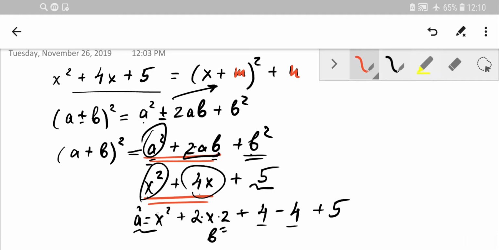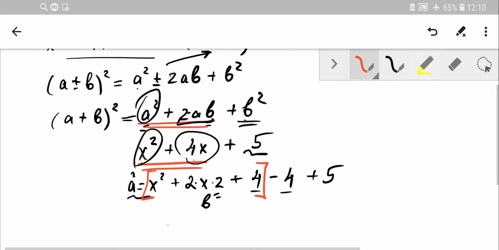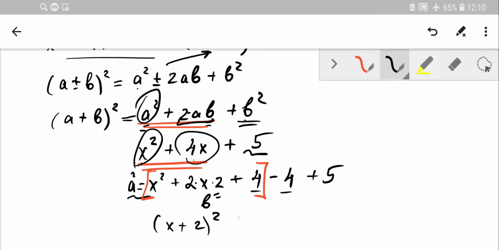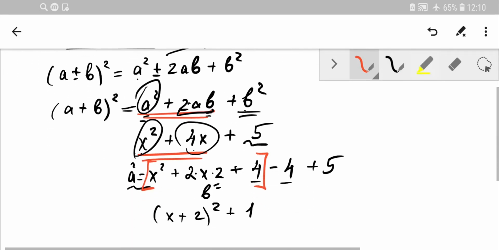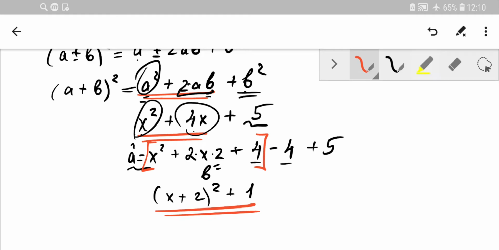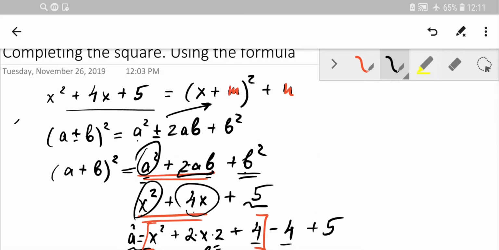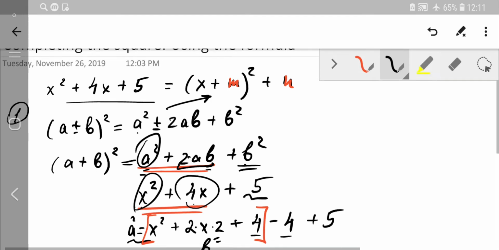This expression in square brackets is a complete square, and we finally get (x plus 2) squared, and minus 4 plus 5 gives us plus 1. So we know that the expression x squared plus 4x plus 5 can be rewritten in this form, which is called a complete square. But this is method 1, the first way we can work it out.